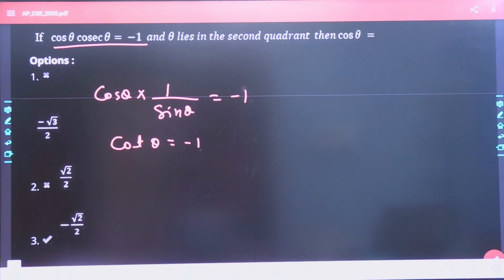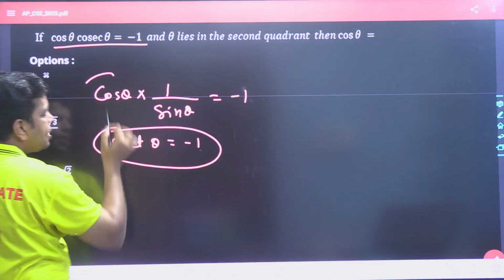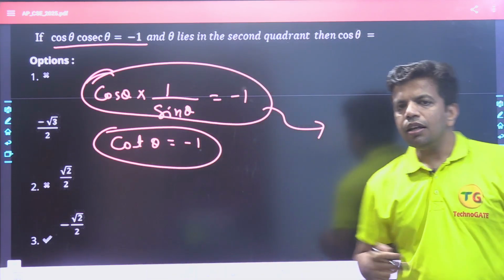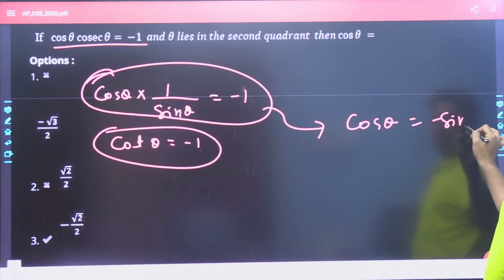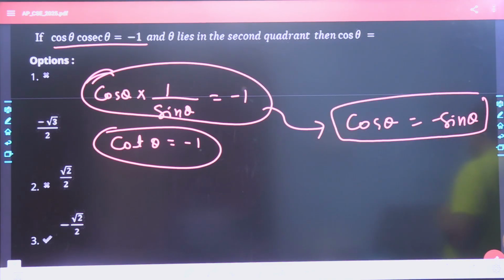Minus 1. Another point that we can conclude: here the value of cos theta cot is minus.